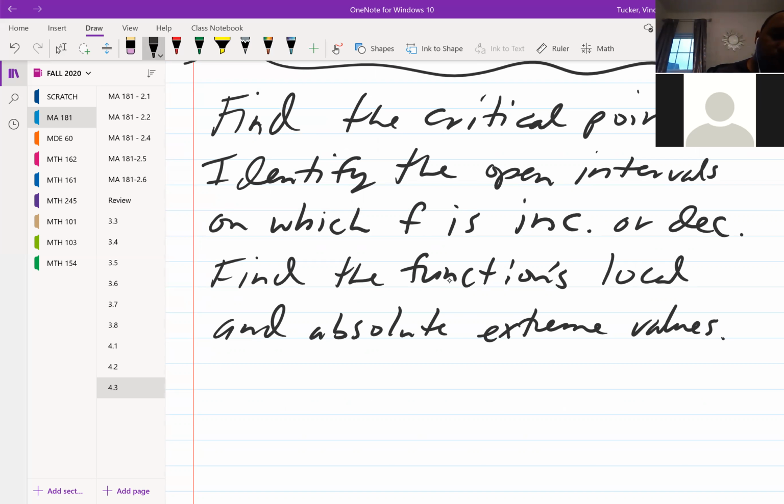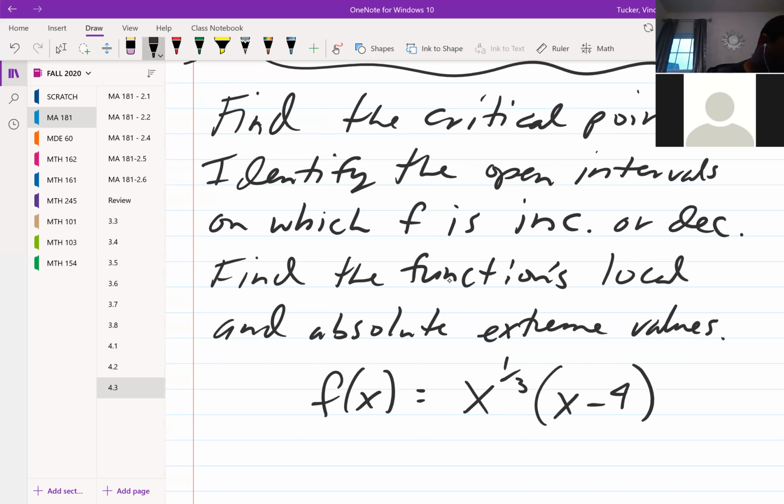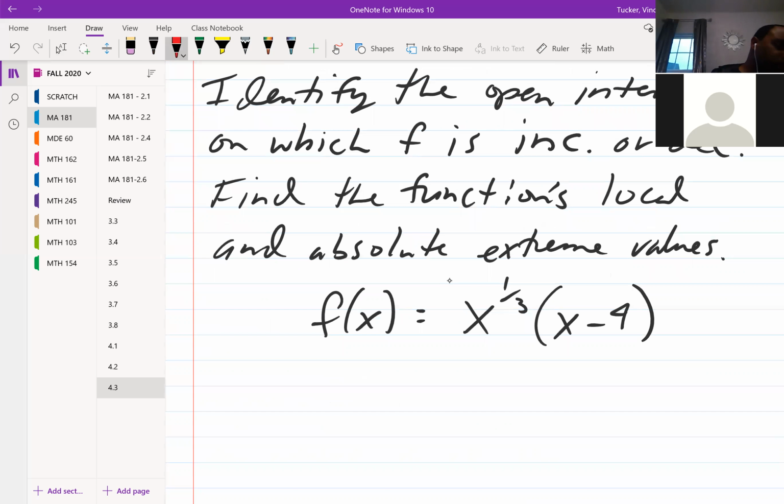So let's look at f of x equal to x to the 1/3 times x minus 4. What I would probably do is go ahead and distribute that.